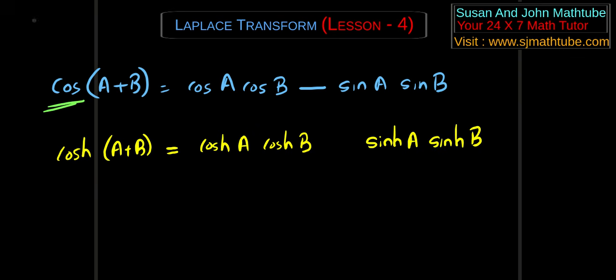I don't see sine square, neither do I see sine into sine effect. Yeah, here I can see that sine into sine. So this minus becomes plus. I hope now the rule is clear for you.